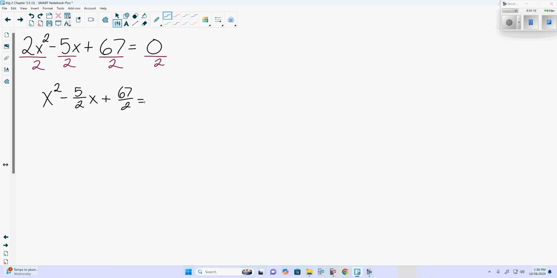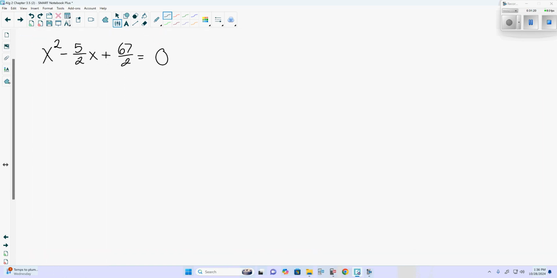And the last one we have is 0 divided by 2 is what? 0. So whenever we get something that does not divide nicely, we're going to leave it as a fraction, because it's going to be easier to solve these in fractional form than it is to try to solve these in decimal form.